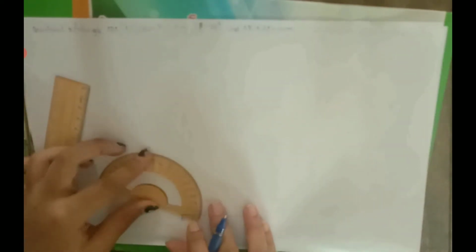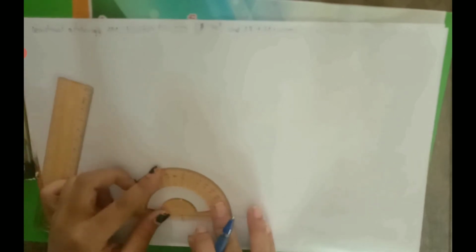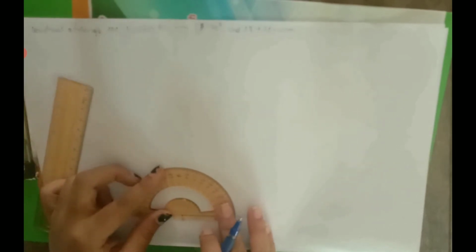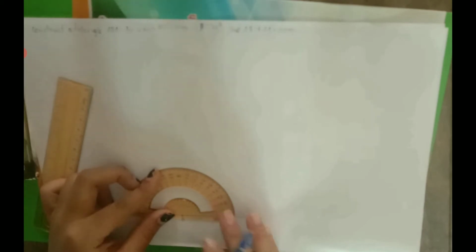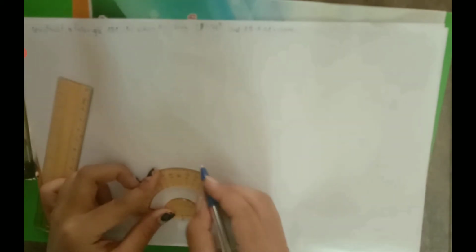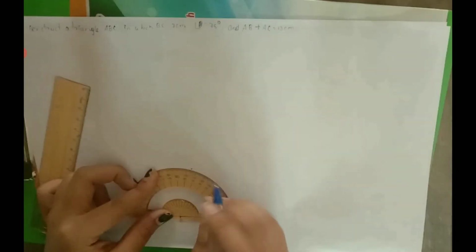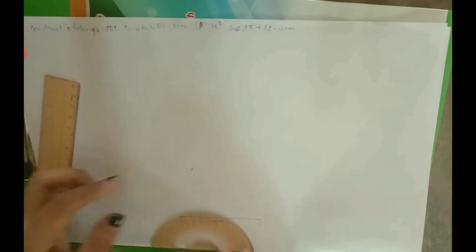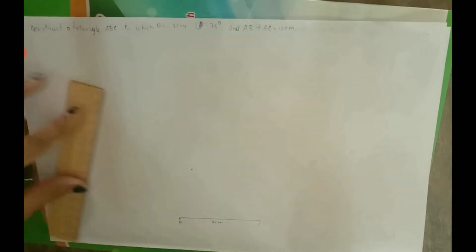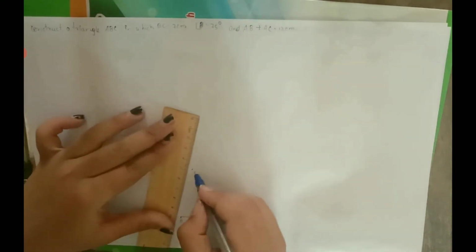Now at point B, make an angle of 75 degrees. Take the protractor and measure 75 degrees. From this side C, you count from 0 to 75. So it is 75 degrees.